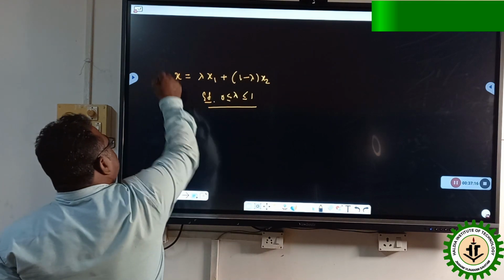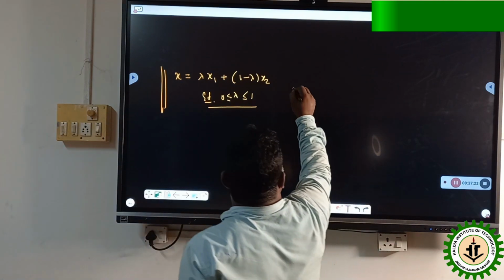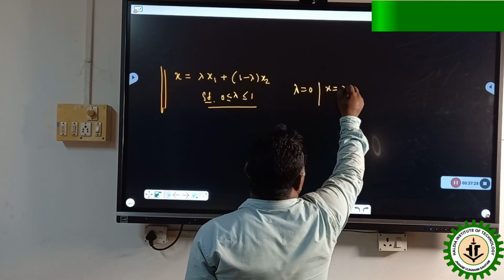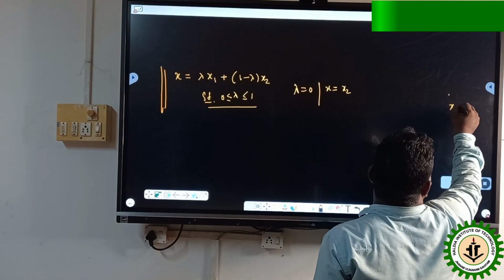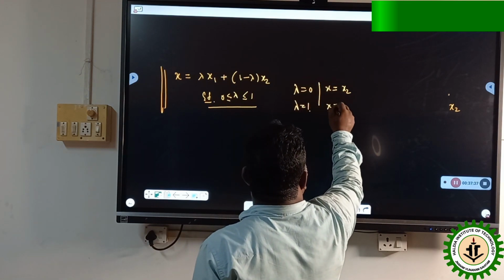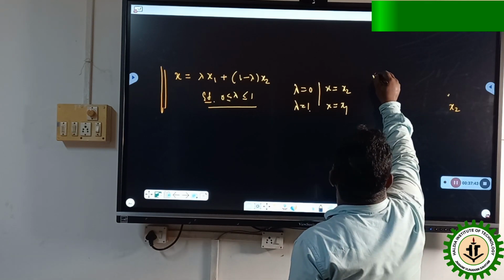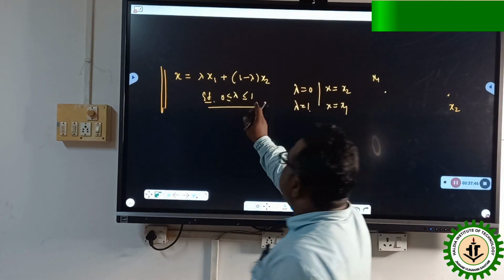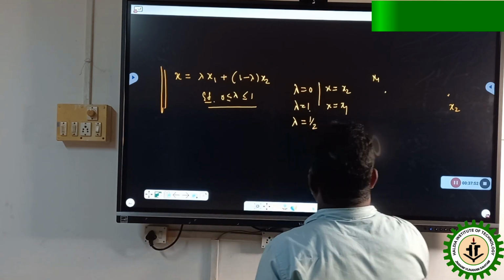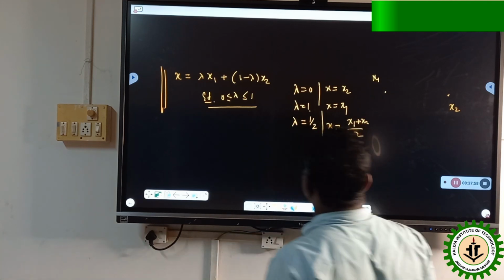So this is the simplest form to represent the convex combination. In this case, if you put lambda equal to 0, you will get x equal to x2, the point x2. If you put lambda equal to 1, you will get x equal to x1, the vector present here, which is called x1. Now, as lambda lies between 0 and 1, you can choose lambda equal to 1 by 2, and at that time you will get x equal to (x1 plus x2) by 2.